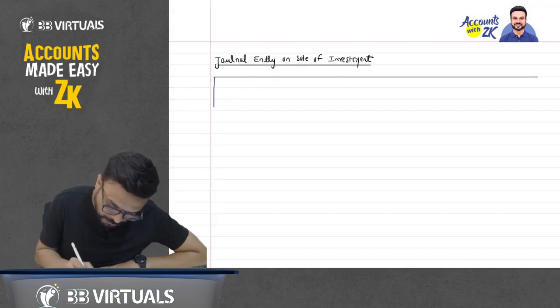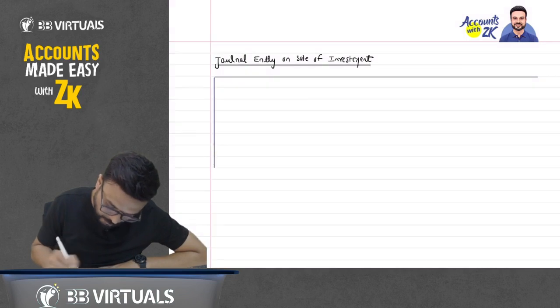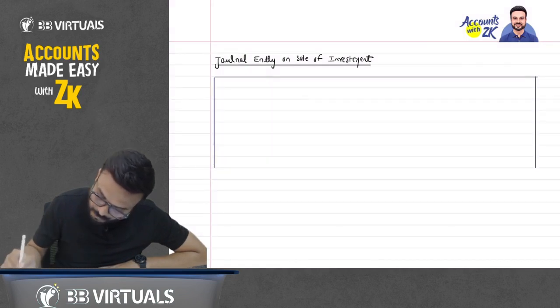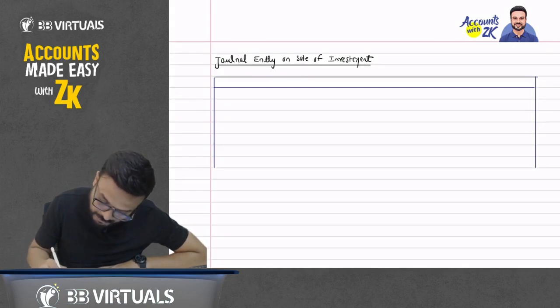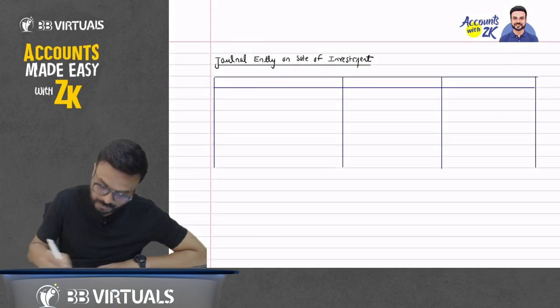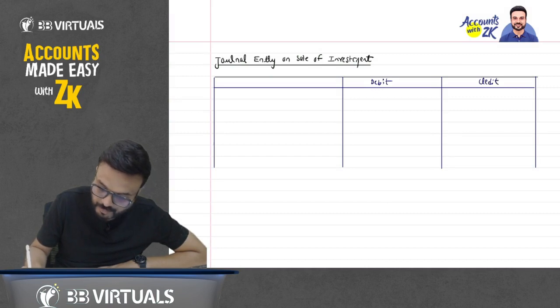Draw this for 5-6 lines. See, this is the debit column and this is the credit column. Which account should be debited? Which account should be credited?